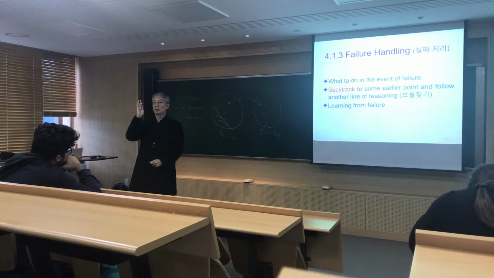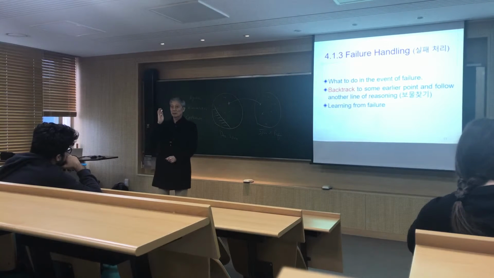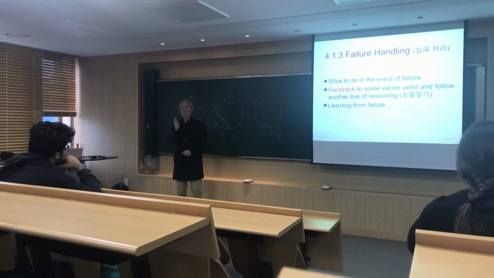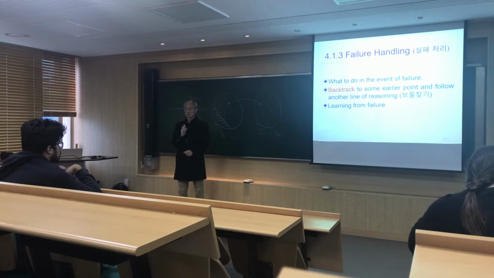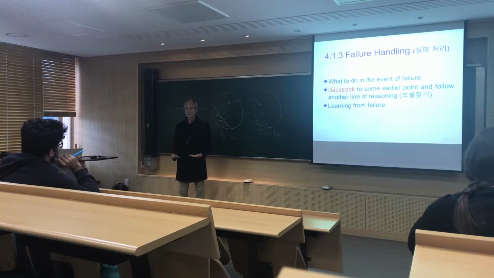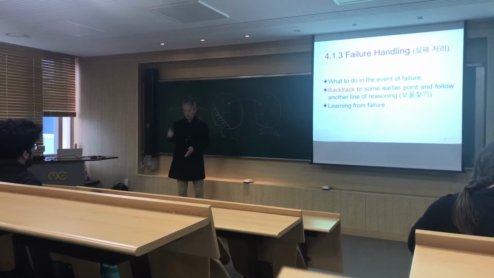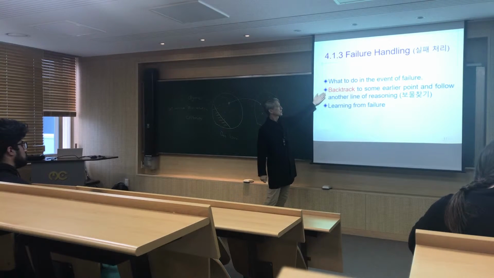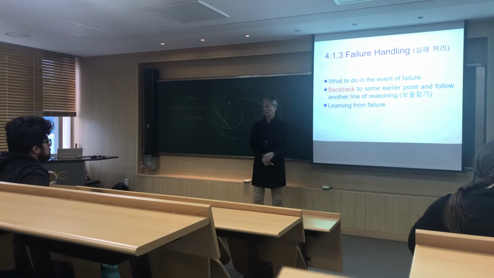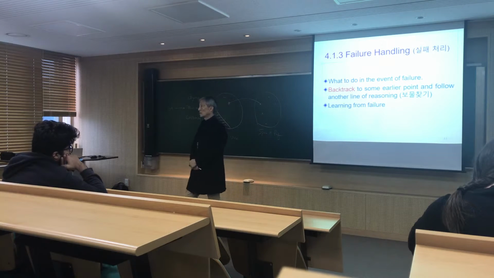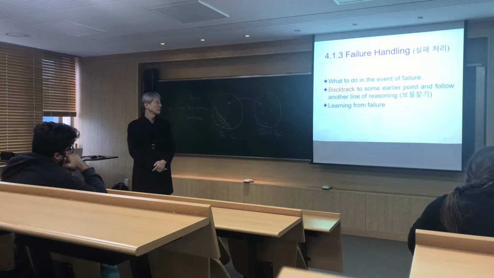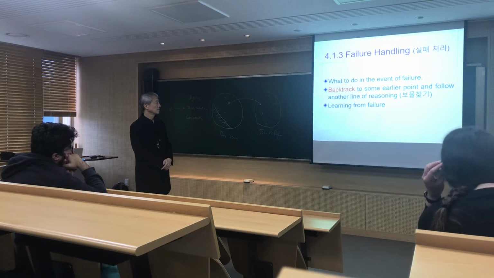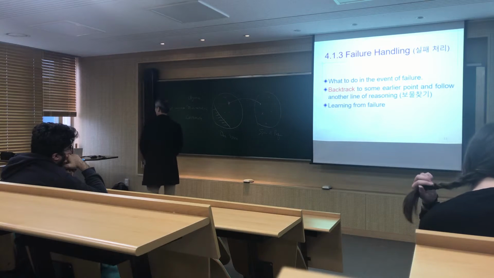The easiest thing is to return to a point where you know where you are, right? You can find out on the map, right? And then decide not to go this way again, right? Take another way. That kind of thing is simpler. So you can use this kind of strategy in a knowledge-based reasoning system or controlling. And also learning from failure is a very famous saying in my life too.